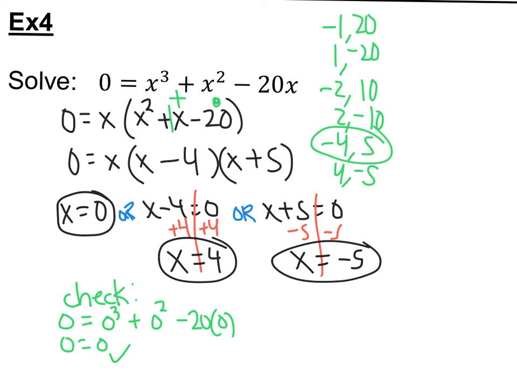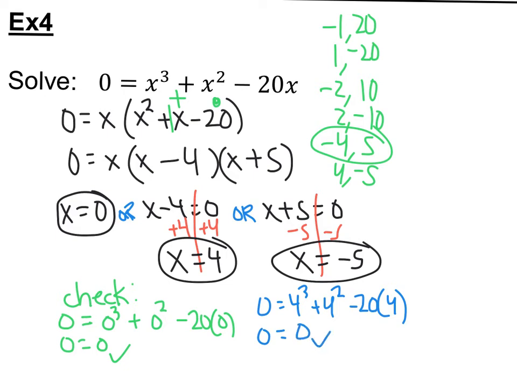For x equals 4, on my right side, I have 4 cubed plus 4 squared minus 20 times 4. So I'm going to put that right side in my calculator. I'm going to put in 4 raised to the third, and then plus 4 squared minus 20 times 4, and I get 0.